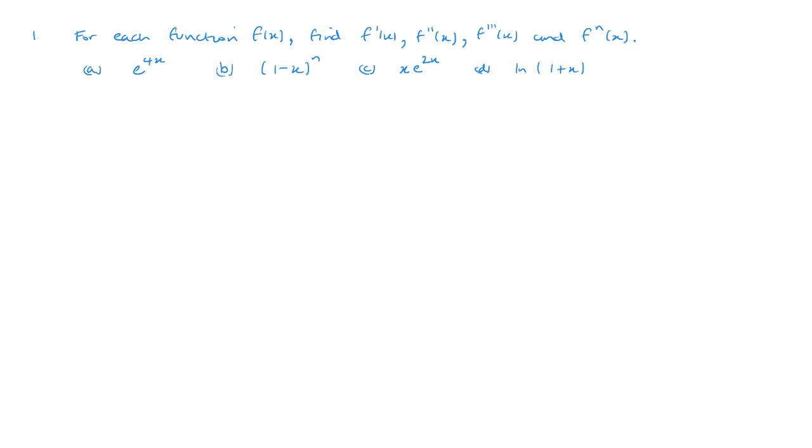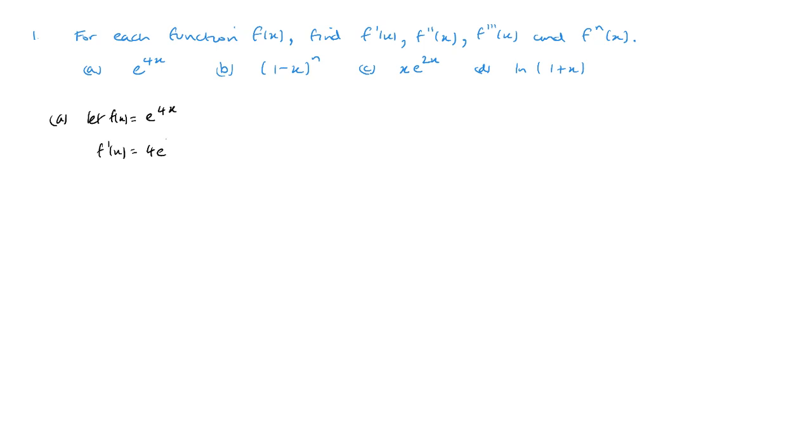So for this one we have to find the first 3 derivatives and then the nth one. So let y equal e to the 4x. Actually, let me rewrite this as f of x, keep it in the terminology of the question.